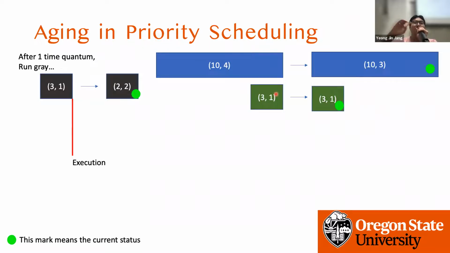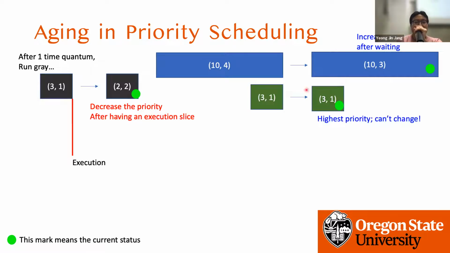But if we set priority 1 as the minimum, then we cannot increase the priority for that. So we punish the recently executed process and give the reward to the waiting processes. Priority 1 is the highest one, so we cannot change that anymore.